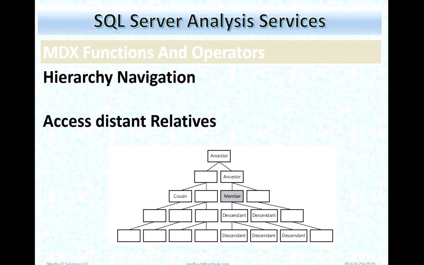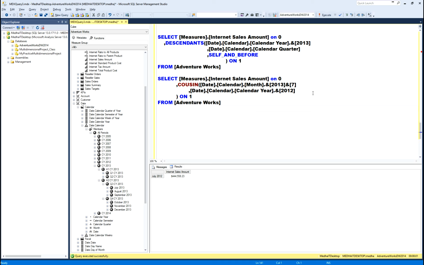Okay, that is a distant relative. Similarly, we used descendants, and one thing we are not showing is ascendants here. Okay, ascendants and descendants functions. And similarly, we see the cousin. Cousin will give you the corresponding cousin value at a given member level or at the given parent member level. Okay. So, that is about navigation functions in MDX.